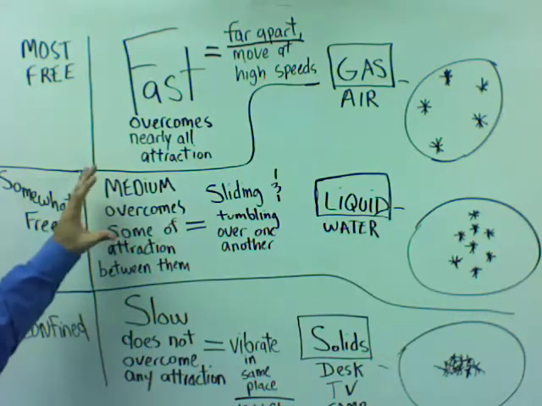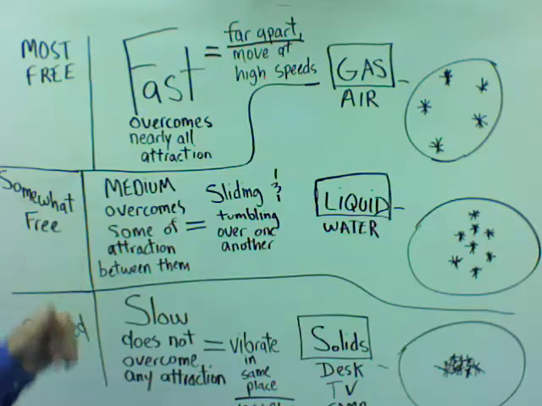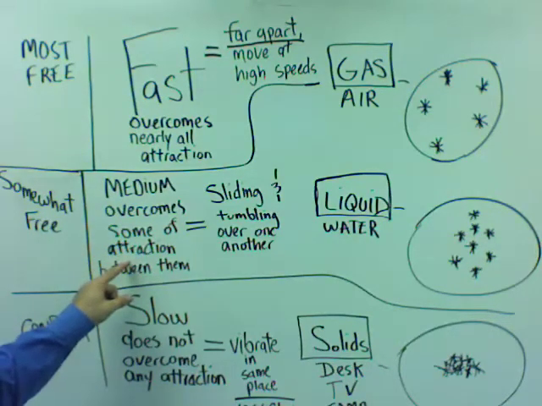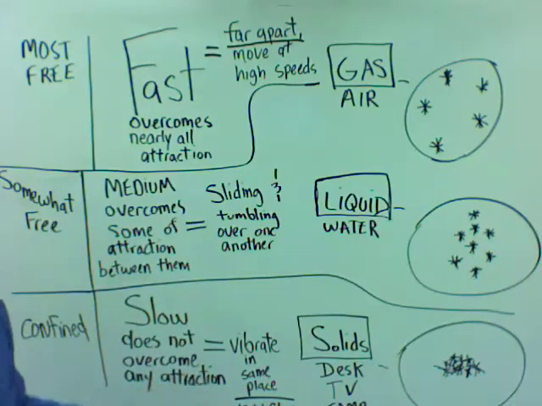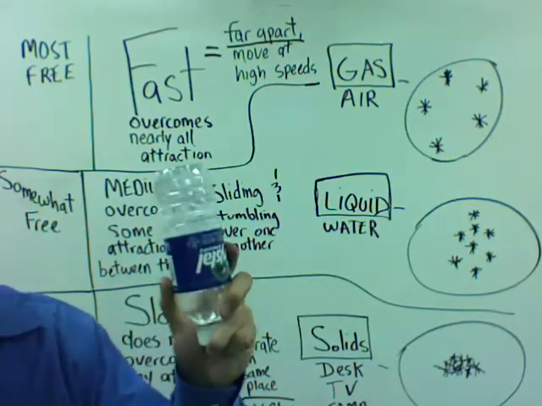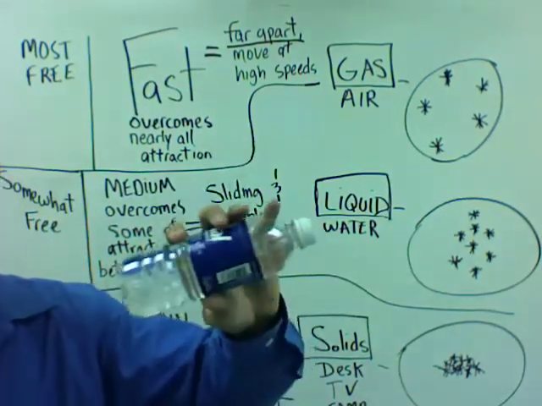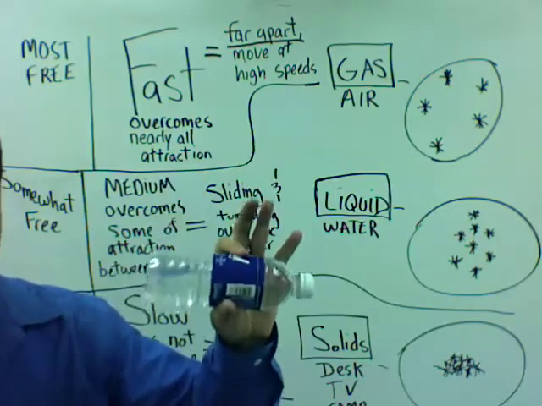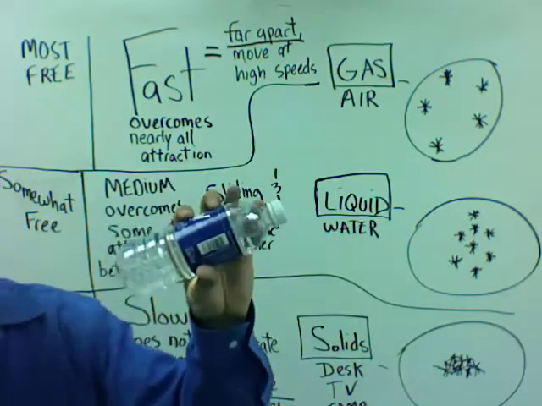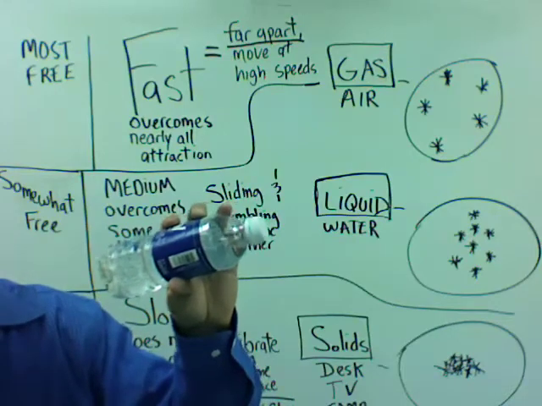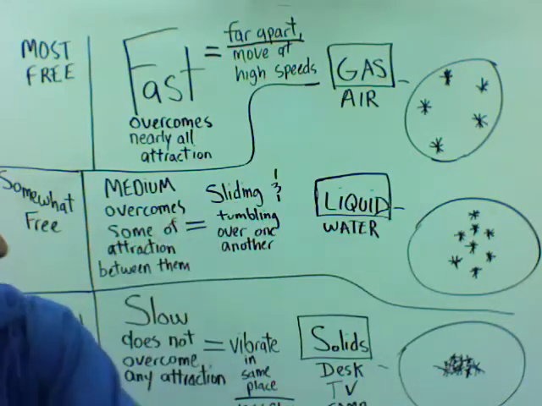So because I just put medium here, they move at somewhat of a medium speed. They're able to overcome some of the attraction between them. Not all of the attraction. If they were able to overcome all of the attraction, the water would just be floating away from each other. But water doesn't do that, does it? No. It pretty much stays somewhat connected.